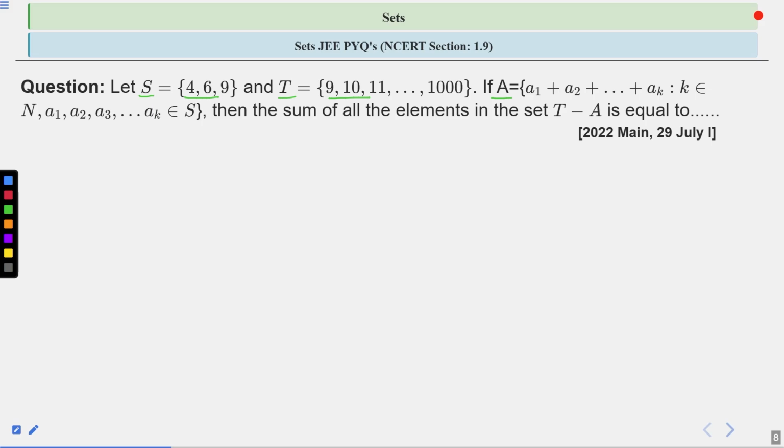A set is defined as A1 plus A2 till AK, where K belongs to the natural numbers, and A1, A2, A3 up to AK all belong to the set S, meaning 4, 6, 9. Clear? Then the sum of all the elements in the set T minus A is equal to what? So first of all you have to find this set T minus A. Clear?